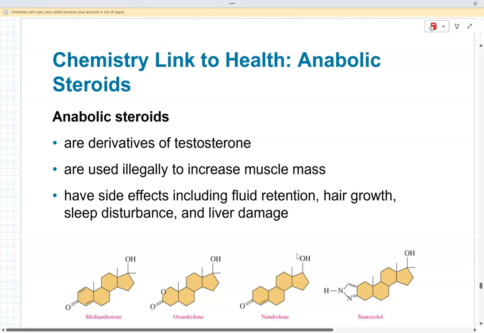One, if somebody takes testosterone, injects testosterone, because of the mechanism that we don't have time to go over, it will significantly reduce testosterone levels in your body and eventually results in infertility. The testes will shrink.